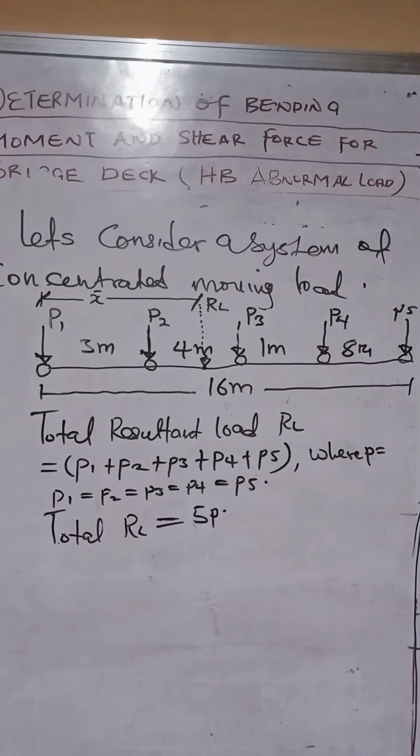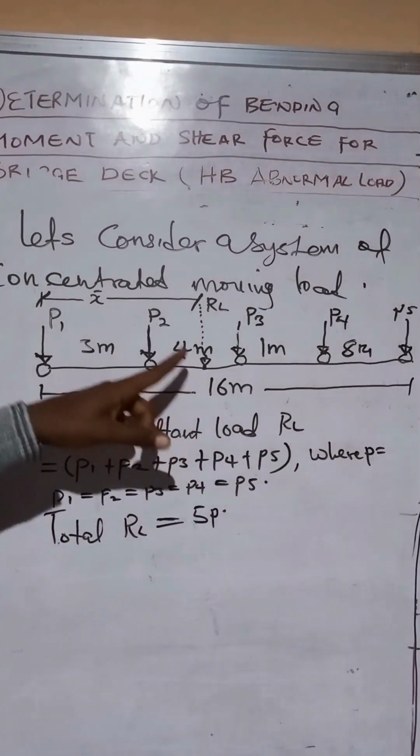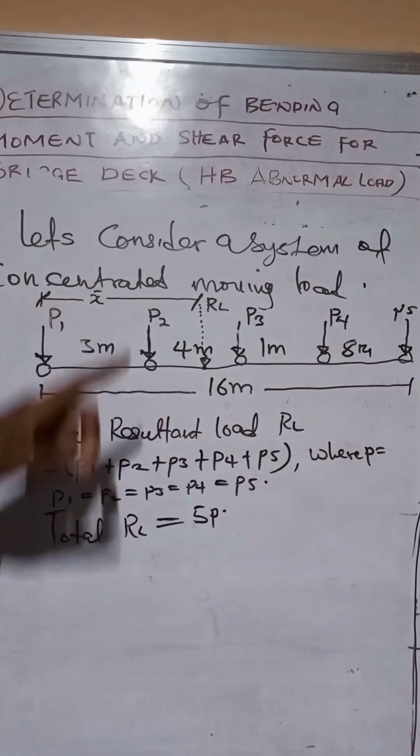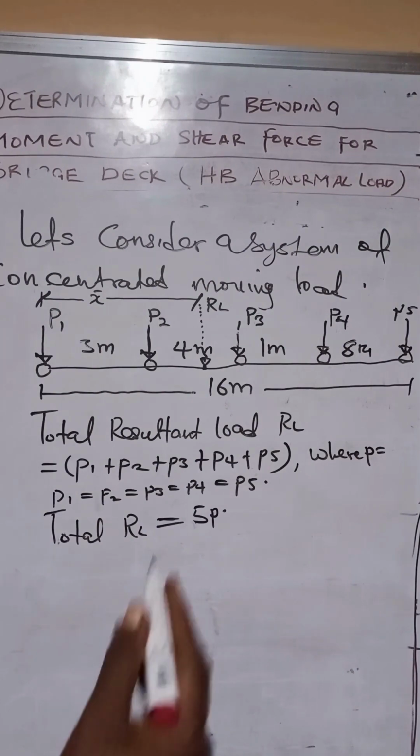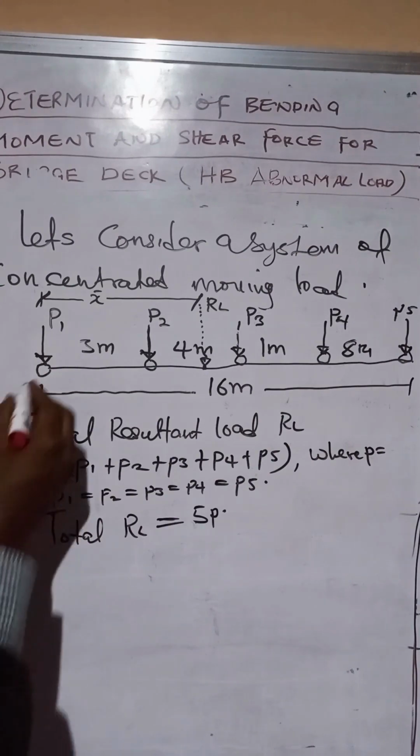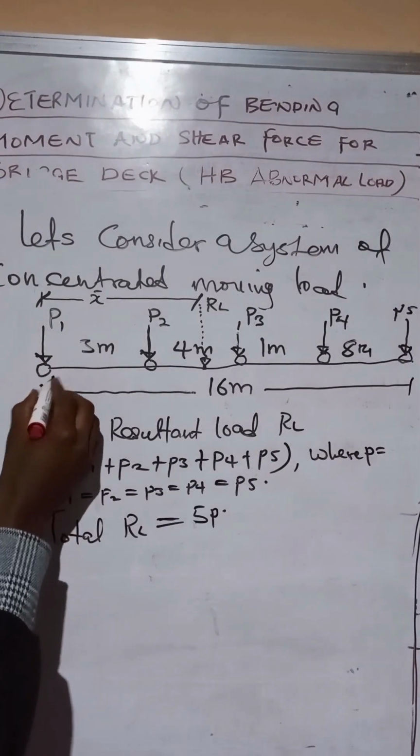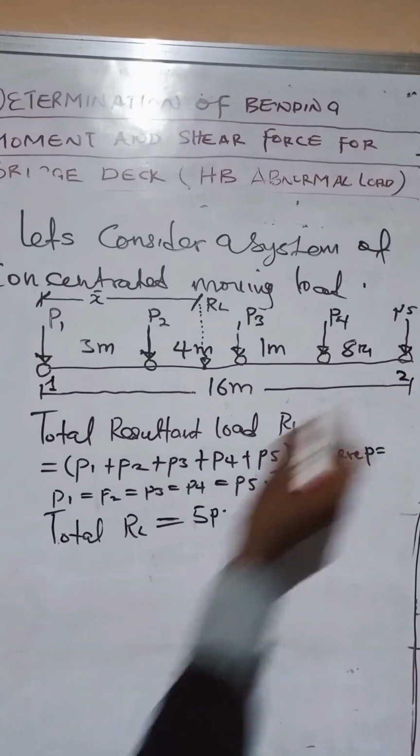The next thing we are going to determine is the distance of our RL from this end. So the center of gravity is here, but let's find out the center of gravity, which is the distance. If we want to do that, we can simply take a moment about any point along this load. Let's call here point 1. Let's call here point 2.